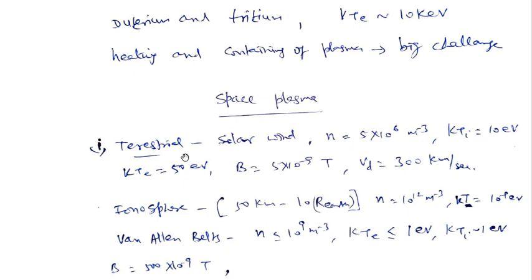A continuous stream of charged particles called the solar wind impacts on the Earth's magnetosphere, which shields us from outer radiation and is distorted by it in the process.